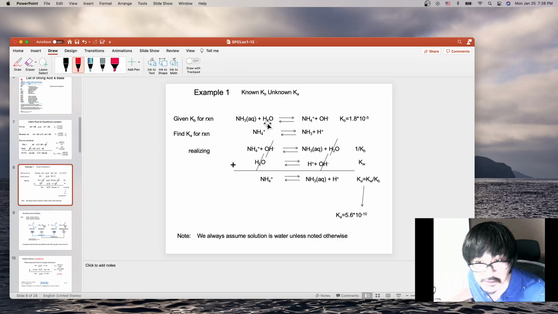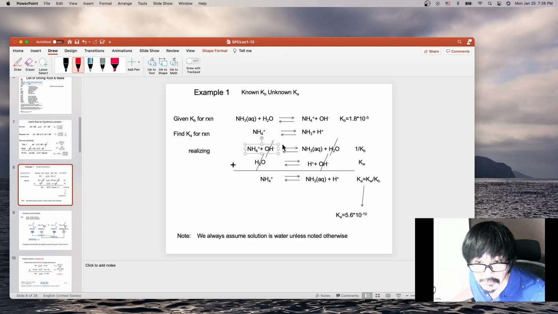So this is just an example. You have the Kb given for this reaction right here, and then you're trying to find Ka for this one right here. So we're going to use this formula to swap it, which goes to right here, and then you add this reaction right here, which is a Kw reaction, the water dissociation reaction.